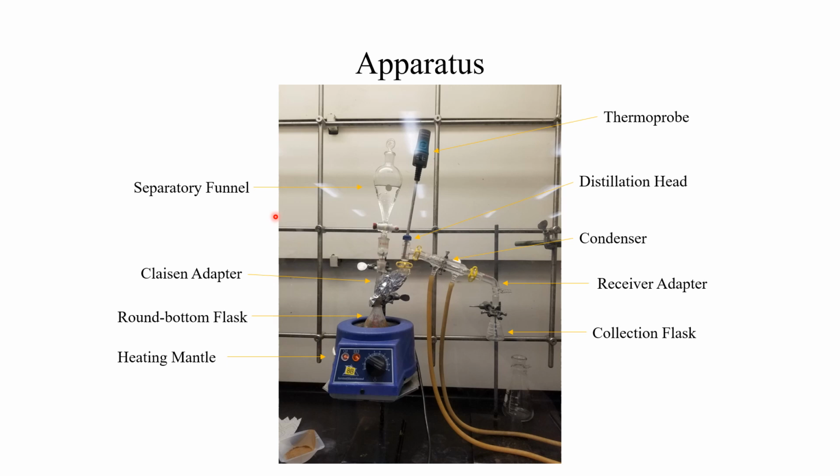But the point of simple distillation is that you want to purify your distillate as you're vaporizing it and as you're condensing it. And the only way to do that is to have some of the chemicals that vaporize recondense and fall back into your mixture. And you do this by adding the fractionating column.